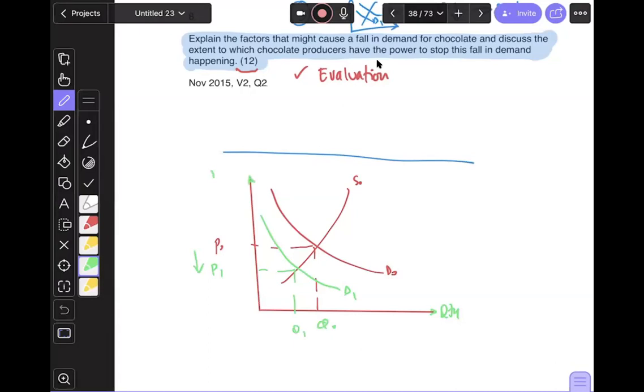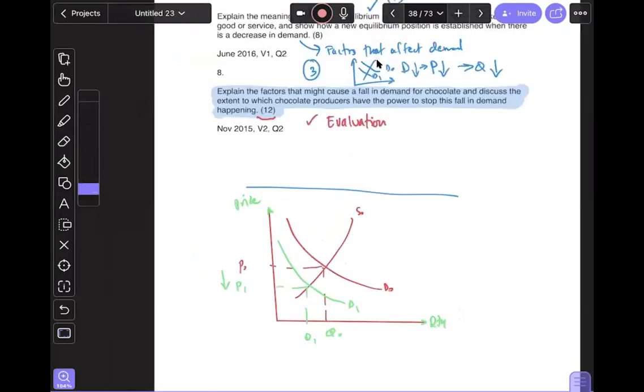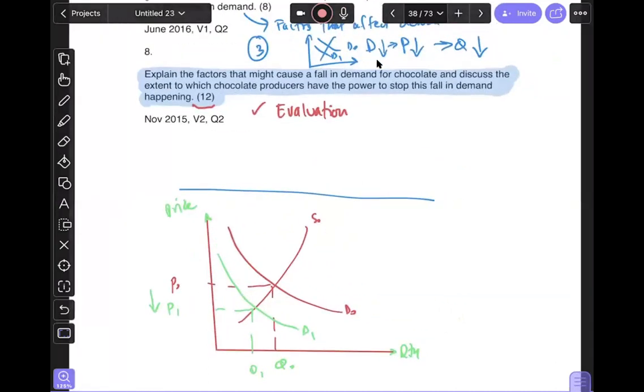And then you talk about this important part. For the first part, factors and diagram, you will get a good 6 marks to 8 marks for that discussion. But the next 6 marks will be all about discussing the extent to which chocolate producers have the power to stop this fall in demand from happening.